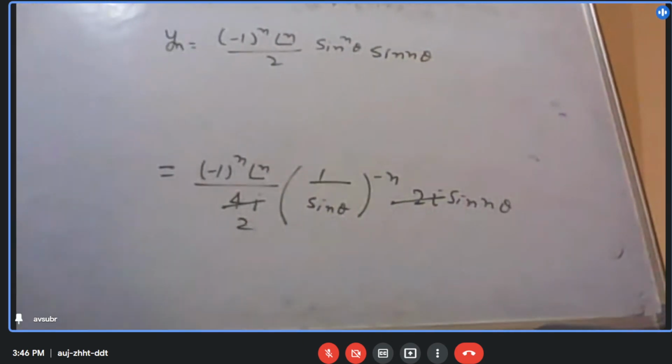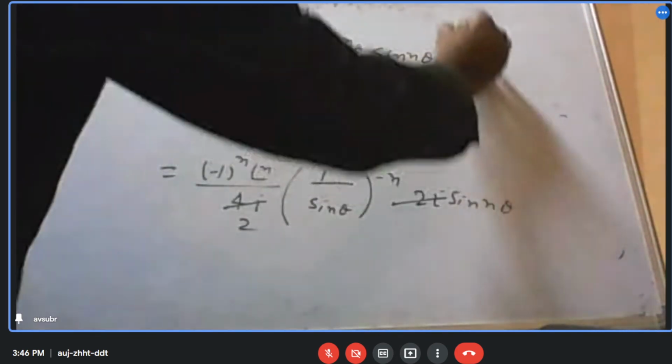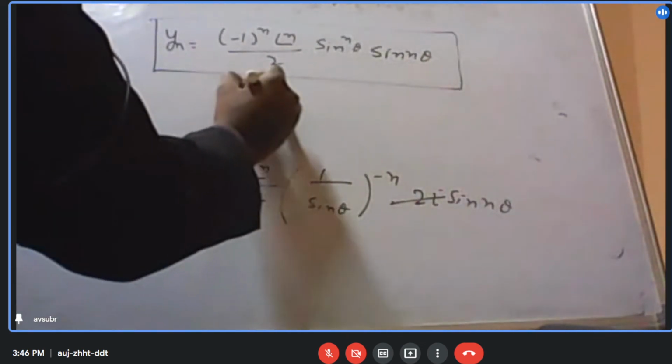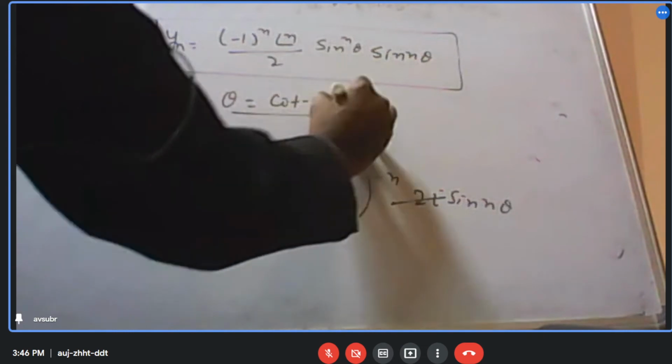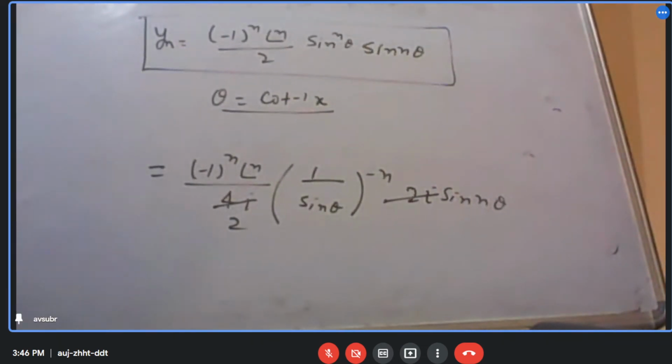So this is what your answer will be, where theta is equal to cot inverse x.